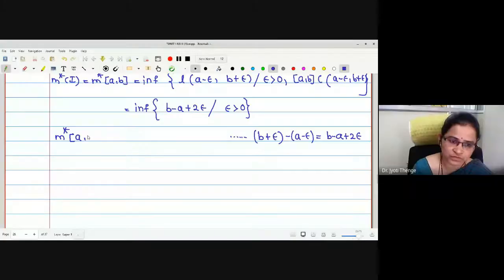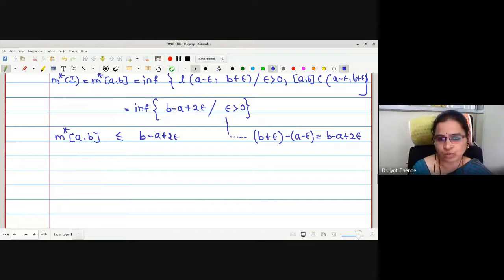So m star of this closed interval [a, b] is less than or equal to b minus a plus 2 epsilon. Right? The infimum, if I remove it, this will be less than or equal to. Correct?